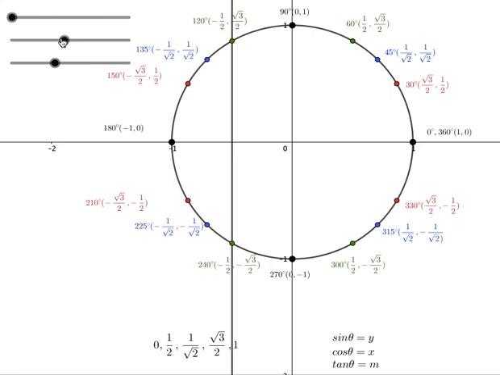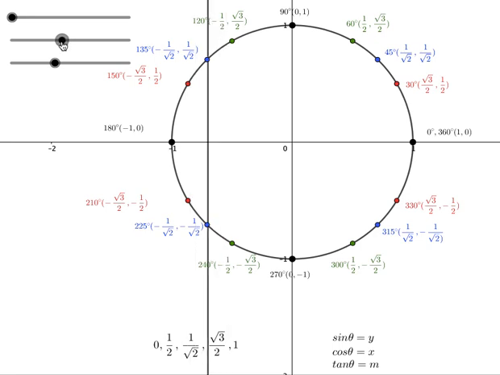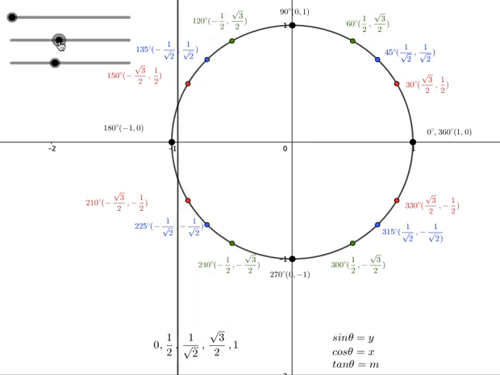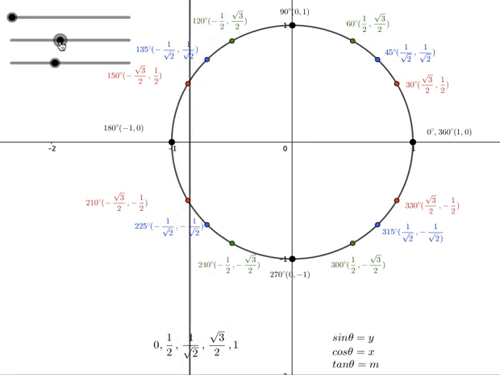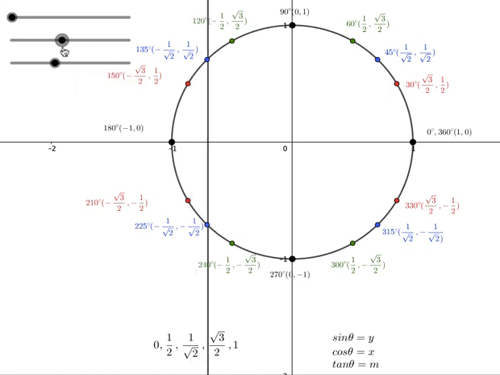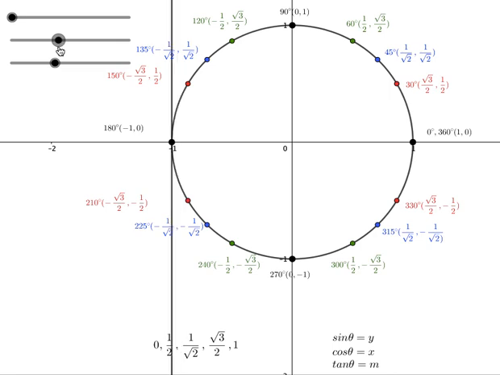These two angles here, 240 and 120, is where cosine is equal to -1/2, negative 1 over root 2, negative root 3 over 2. So cosine is equal to negative root 3 over 2. The x-coordinates are negative root 3 over 2 at 150 and 210. And there we are. Cosine is equal to negative 1 over here.